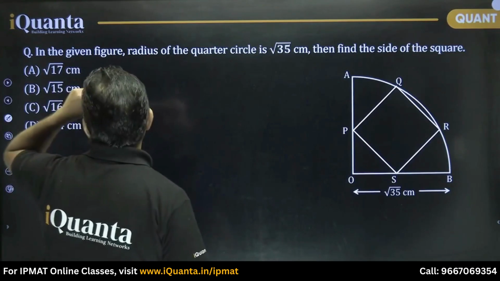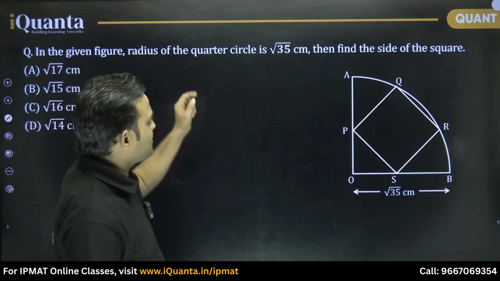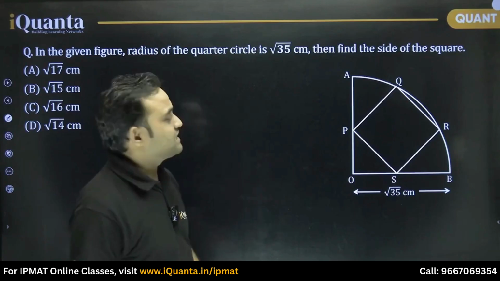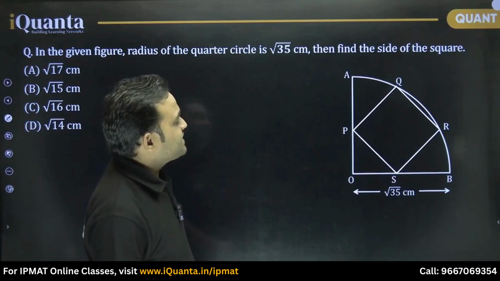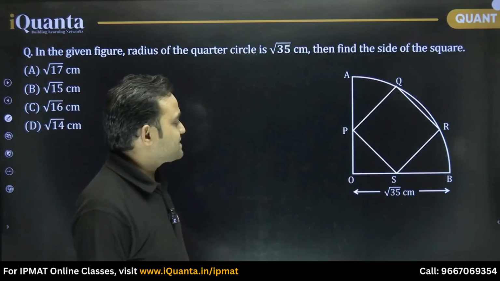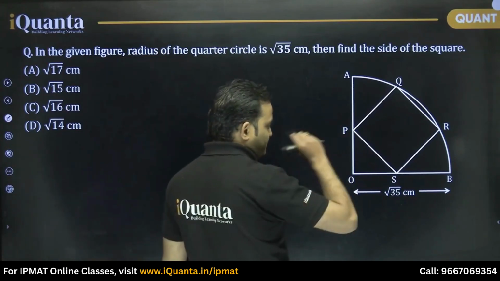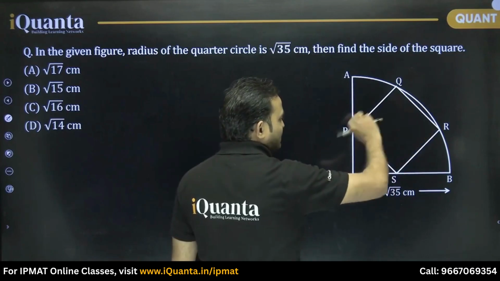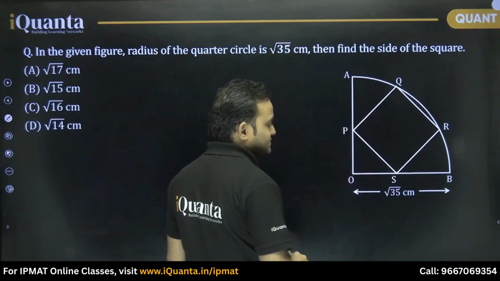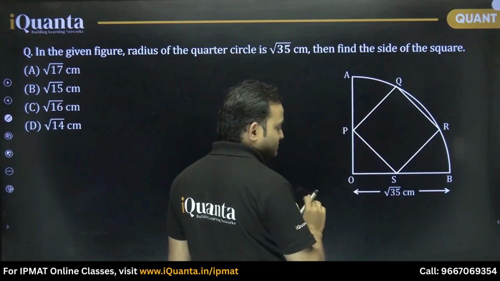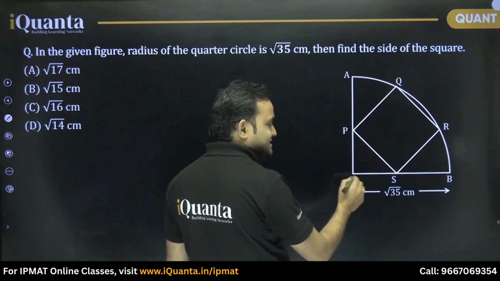Now the next question. It says in the given figure, the radius of the quarter circle is square root of 35 centimeter. Then find the side of the square. We need to find the side of the square. Now, if this is a square PQRS, then O is nothing but the center, right?